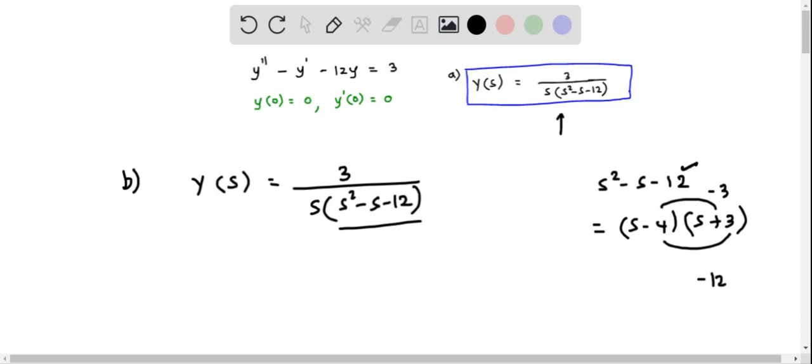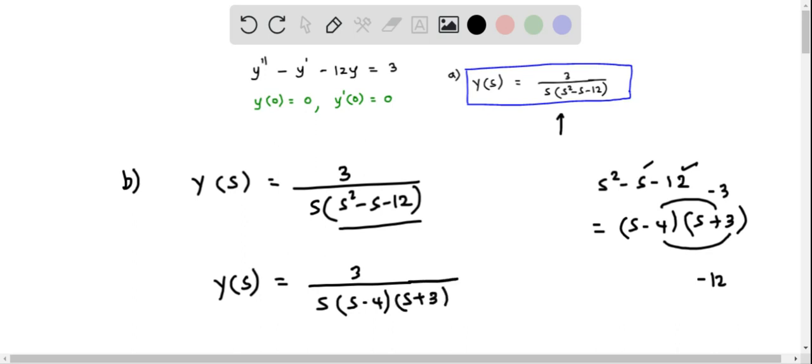So here we have the product negative 12 and the sum equals negative 1. And so this factorization is perfect. So therefore this Y of s is written as 3 divided by s times s minus 4 times s plus 3.